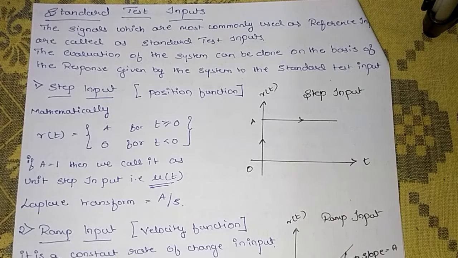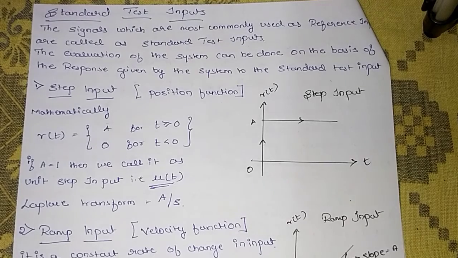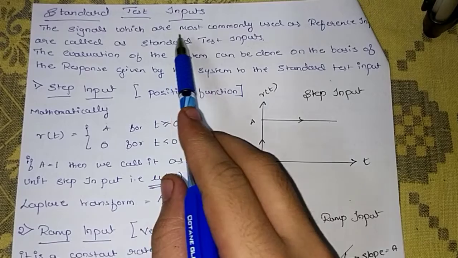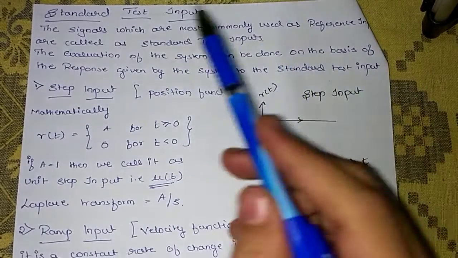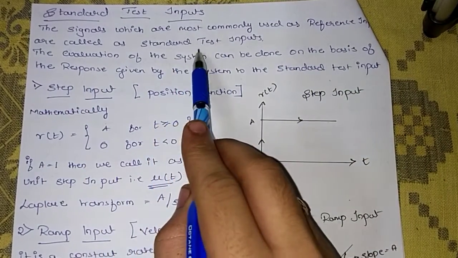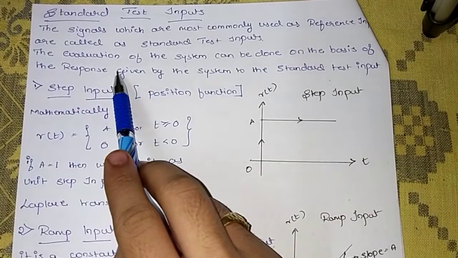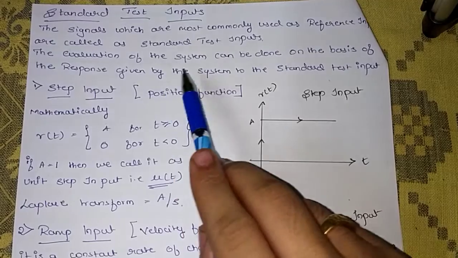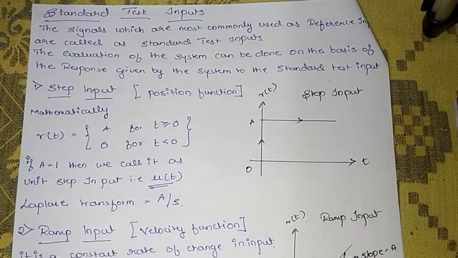In previous videos we learnt about the small derivation regarding steady state error, transient response, steady state response and some graphical methods. Okay. Now we will start this session. The signals which are most commonly used as a reference input are called standard test inputs. The evaluation of the system can be done on the basis of the response given by the system to the standard test input.